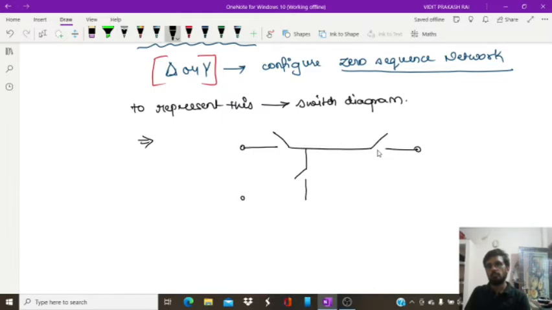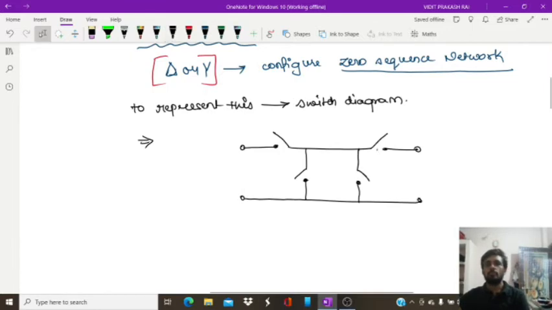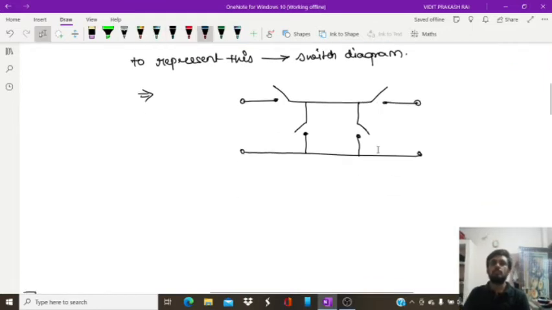This is a shunt switch which is connected in primary side, and this is a shunt switch which is connected to secondary side. Okay, now this is switch 1, this is switch 2, this is switch 3, and this is switch 4.